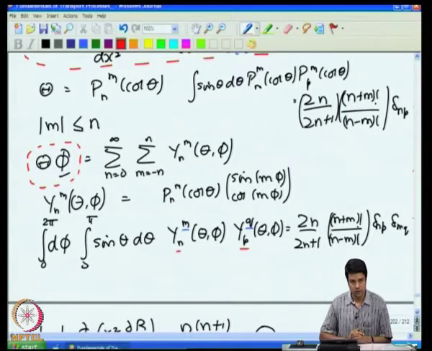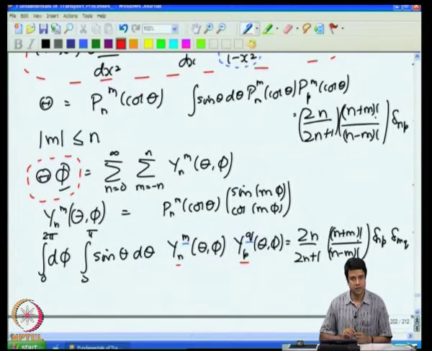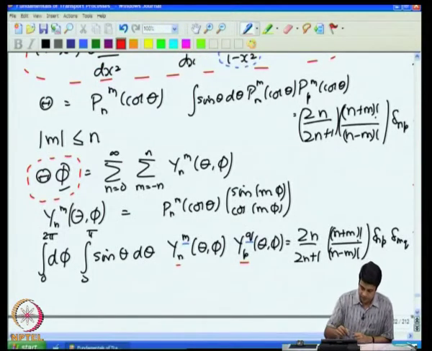The orthogonality relation involves an integral over both theta as well as phi in this case. And so, these are the orthogonality relations for the theta and phi coordinates, the basis functions.